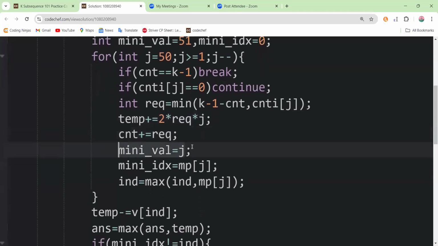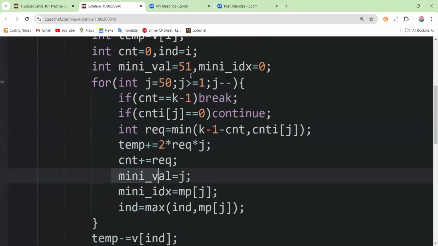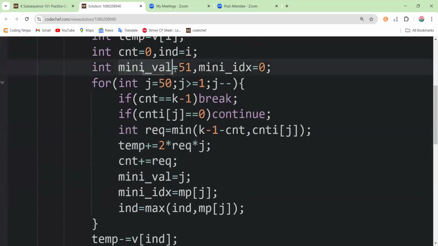And my minimum value becomes j. That is the minimum value that I have taken from these k minus 1 elements, because I want to maintain that. Now, what is the minimum number I am taking from these k minus 1 elements? For that, I've kept one mini variable. So now you will get the meaning of this mini variable. This mini variable stores the minimum element that we are taking out of those k minus 1 elements.